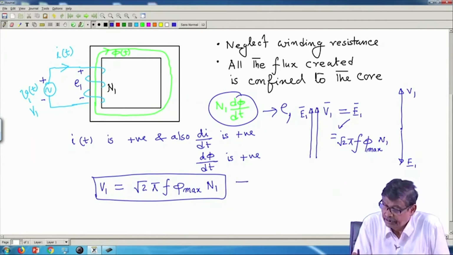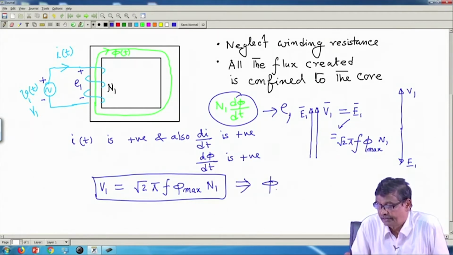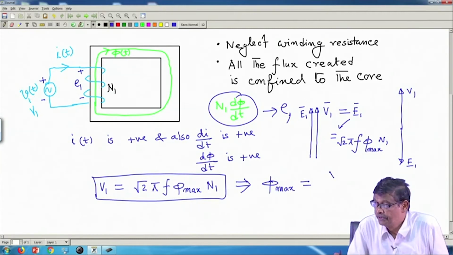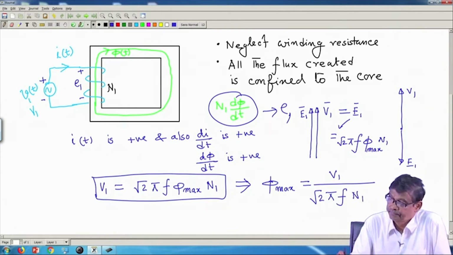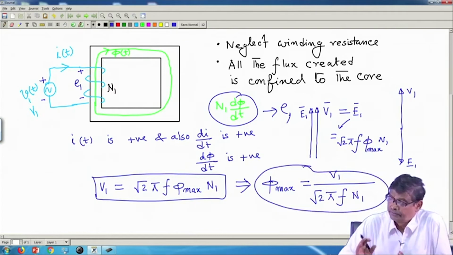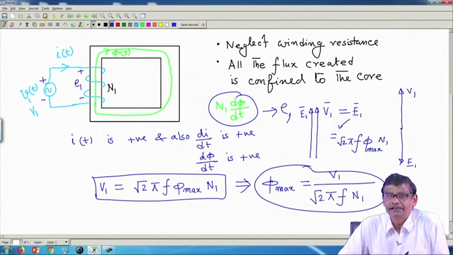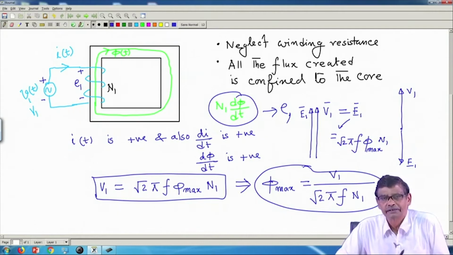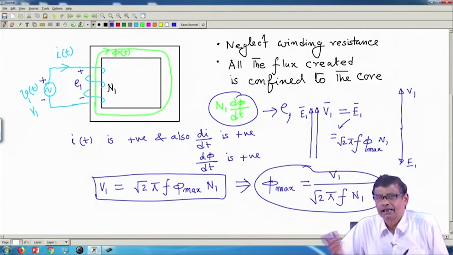This equation implies, and this is a most important statement, that phi max is equal to V 1 by root 2 pi f into N 1. In other words, in case of a DC circuit, excite with DC current, Ni is known, then calculate flux.